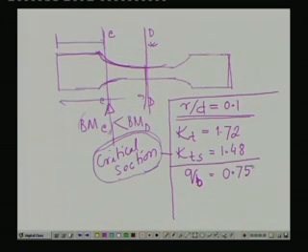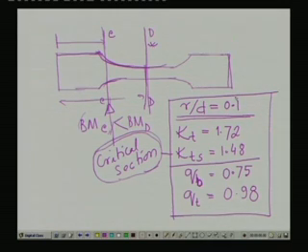This also has been taken from the standard data book, and I am not going to show you this data book result. You can just go through it and find out those values. Well, these values are for the R by D ratio 0.1.